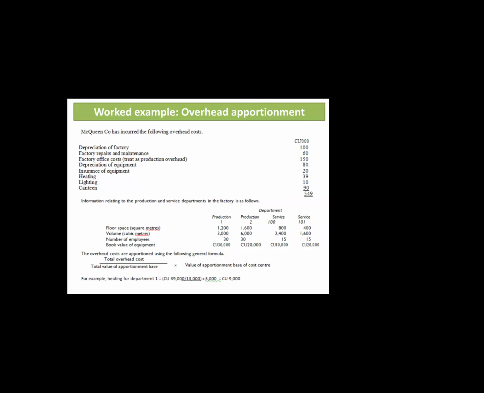So production 1 heating cost would be 3,000 into 3, 9,000. Heating cost of production 2 would be how much?